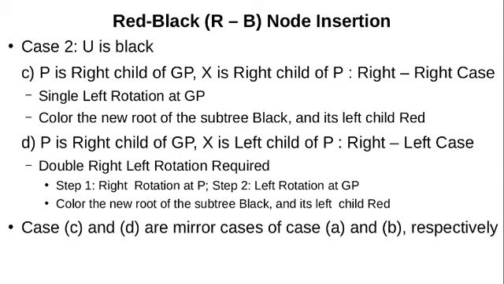The double right-left rotation is the mirror case of the double left-right rotation discussed in the last slide. After the rotation, we color the new root of subtree black and its left child is colored red. This recoloring removes the red violation without affecting the black height of the subtree.